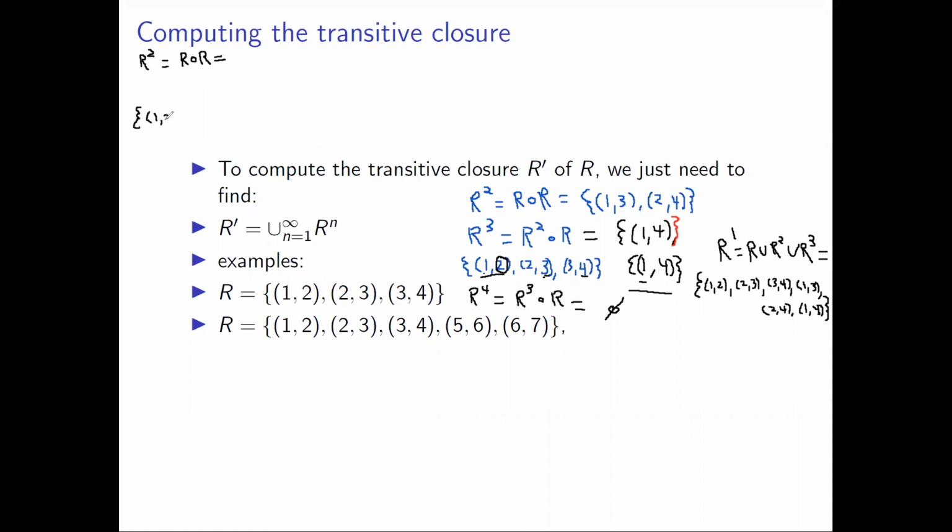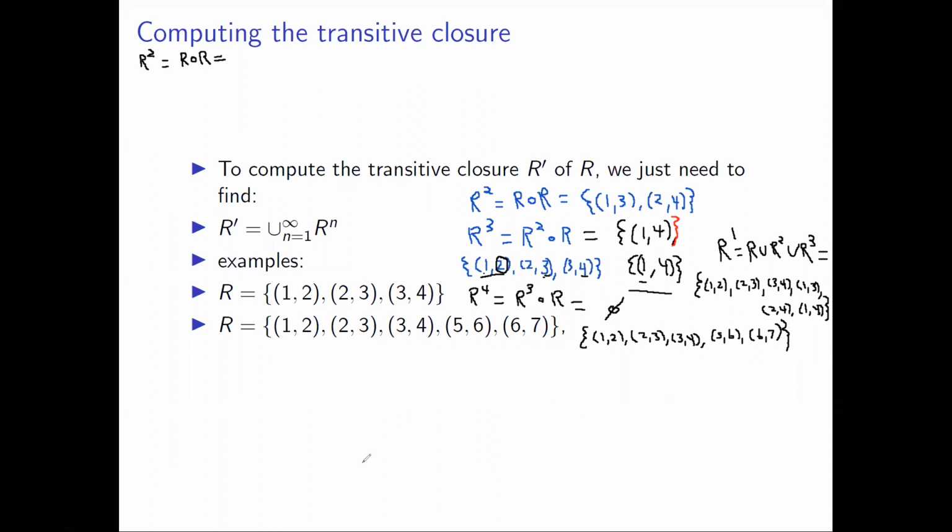So we have 1, 2, 2, 3, 3, 4, and then we have 5, 6, 6, 7.